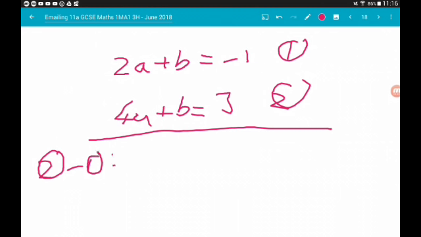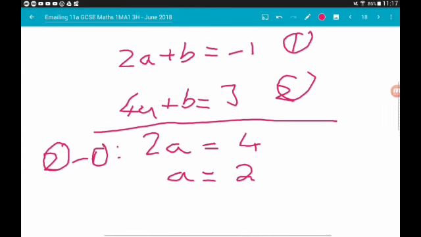So 4a take 2a is 2a, b take away b is 0, and then we got 3 minus minus 1, which is 3 add 1, which is 4, therefore a is equal to 2.